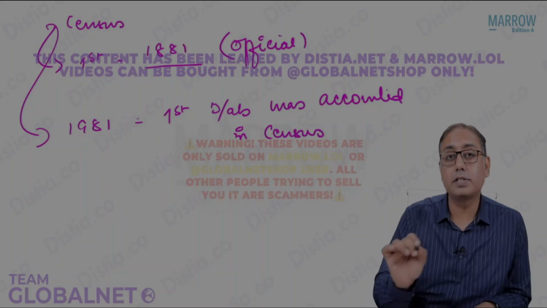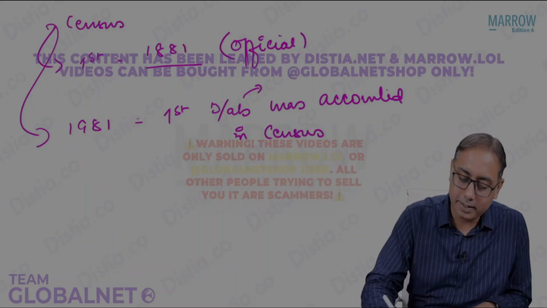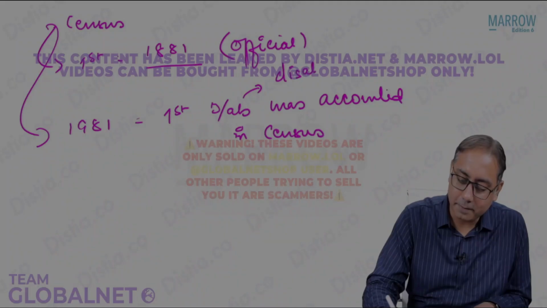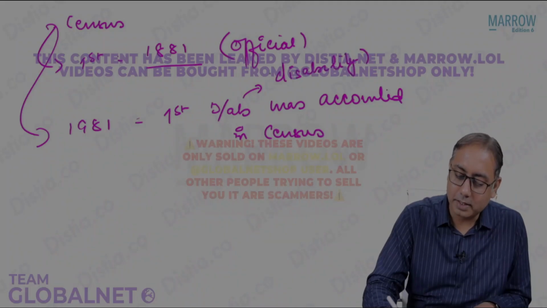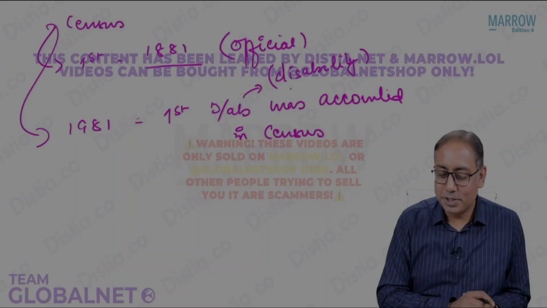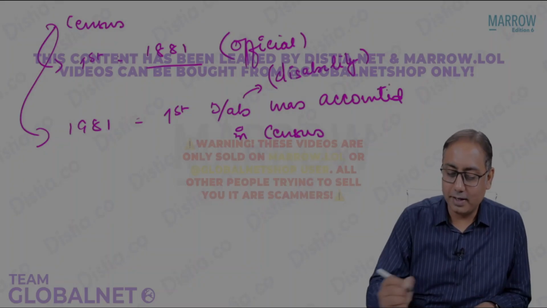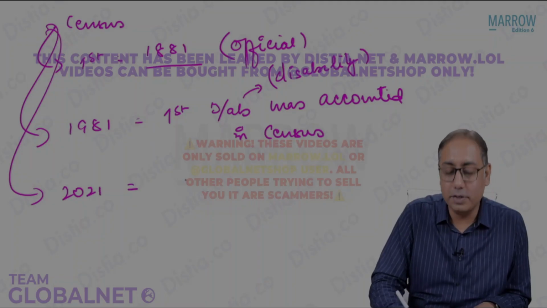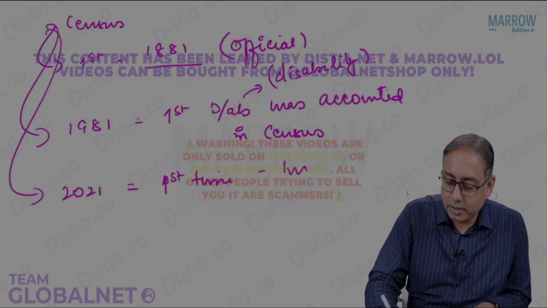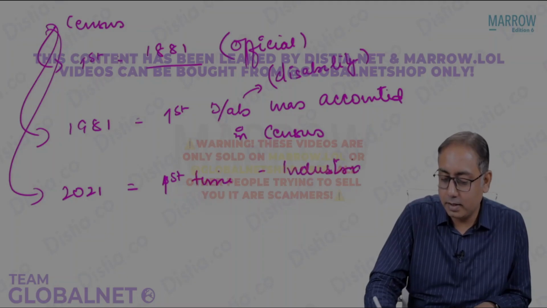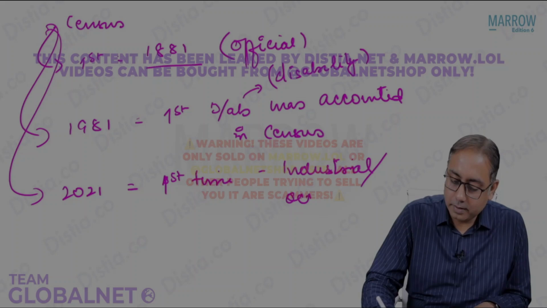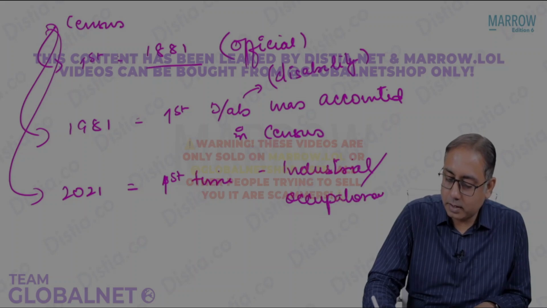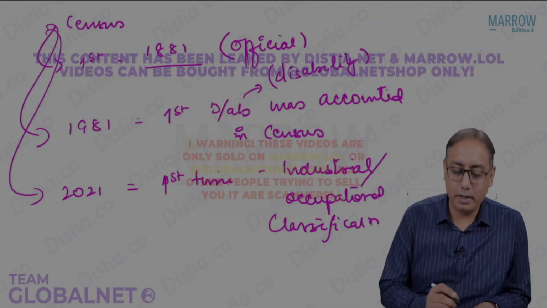DAB stands for disability. I'm working on my shortcuts that I use in my classes every time. So disability was accounted in the census, and in 2021 for the first time we have started using industrial and occupational classification.